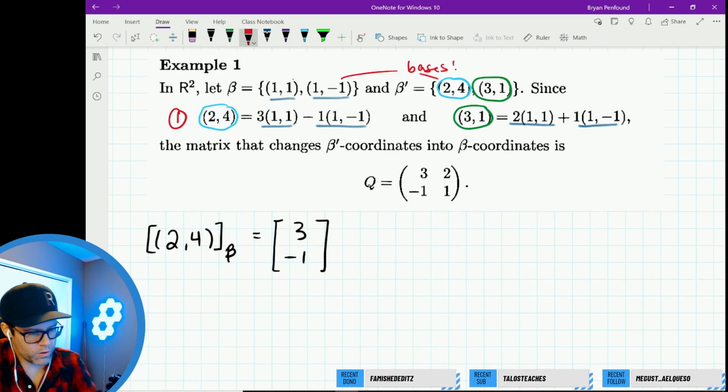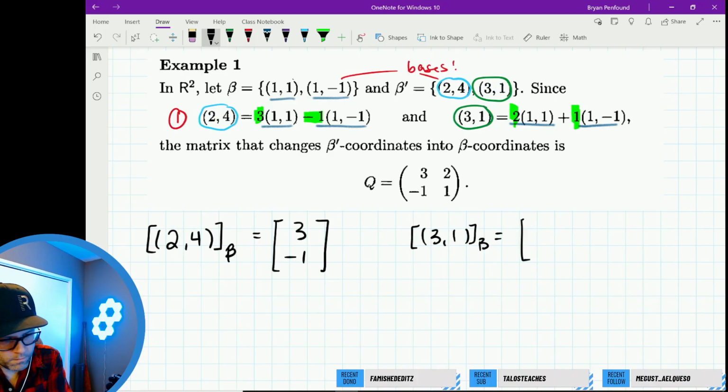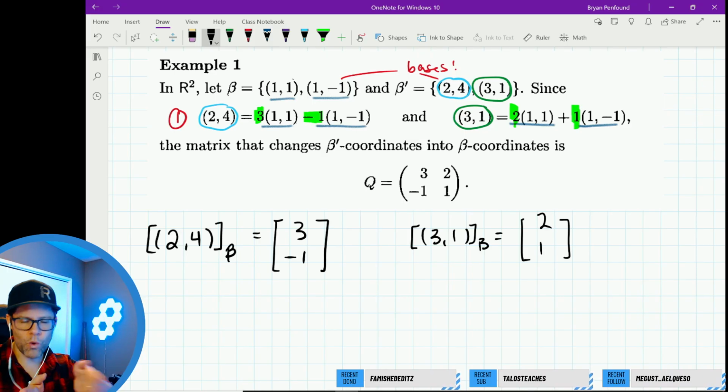Those are going to be exactly the coefficients that we need for that linear combination. And we do the same thing for (3, 1). So that 2 and that 1 become the coordinates that tell me how to move around in the vector space that I'm working with.